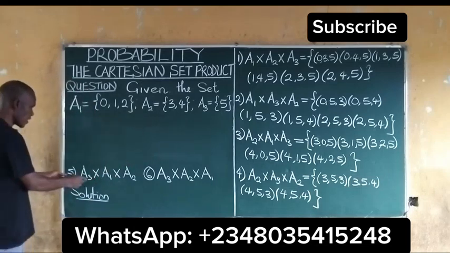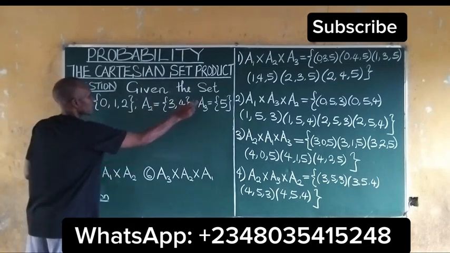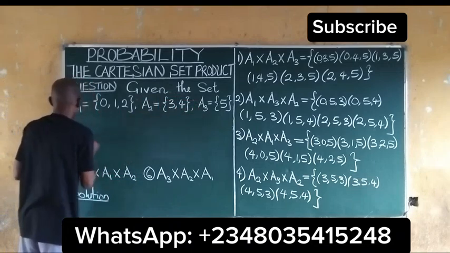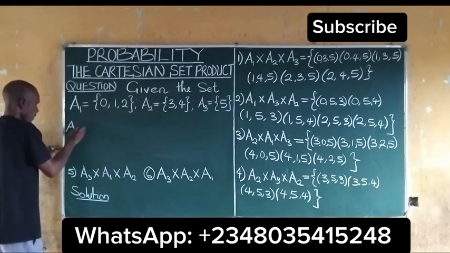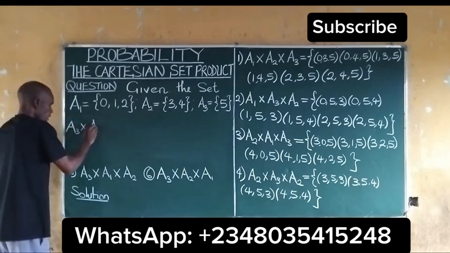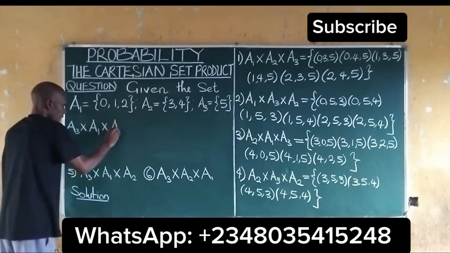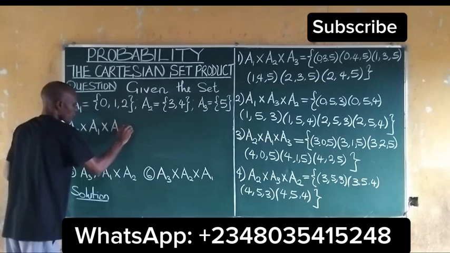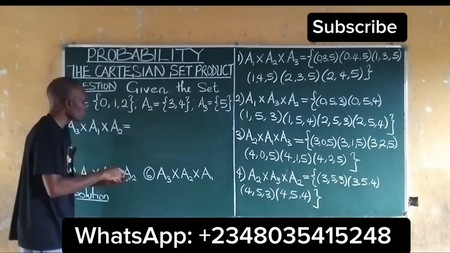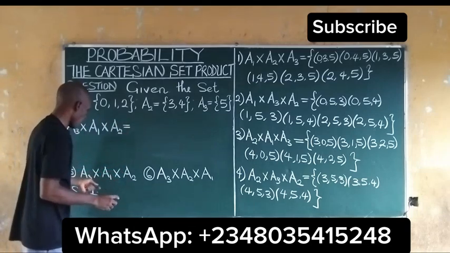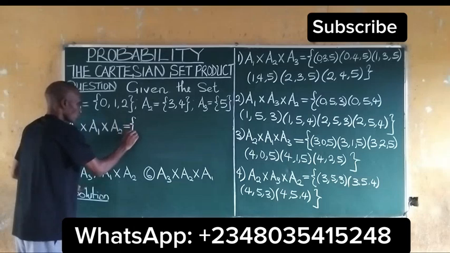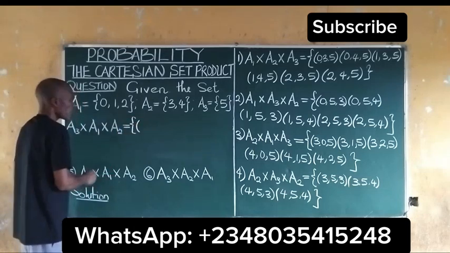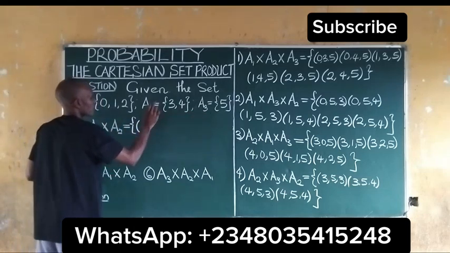Now we have A3, A1, A2. How do we compute A3, A1, A2?